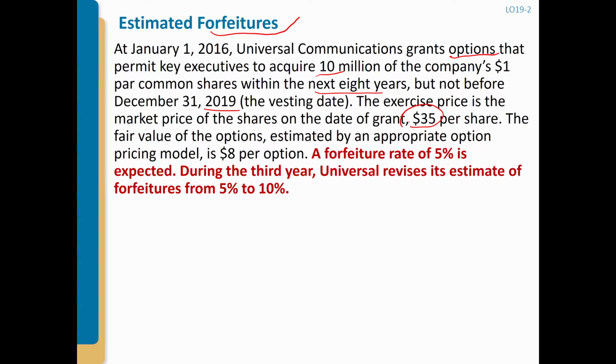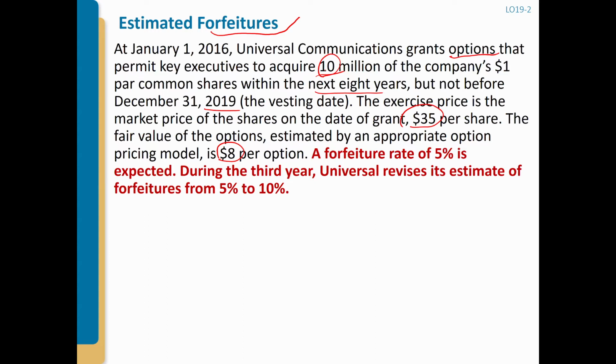That's the exercise price. And the fair value of the option we estimate is $8 per option. So first you calculate the total compensation, which is $8 times 10 million. You get $80 million as the total compensation.